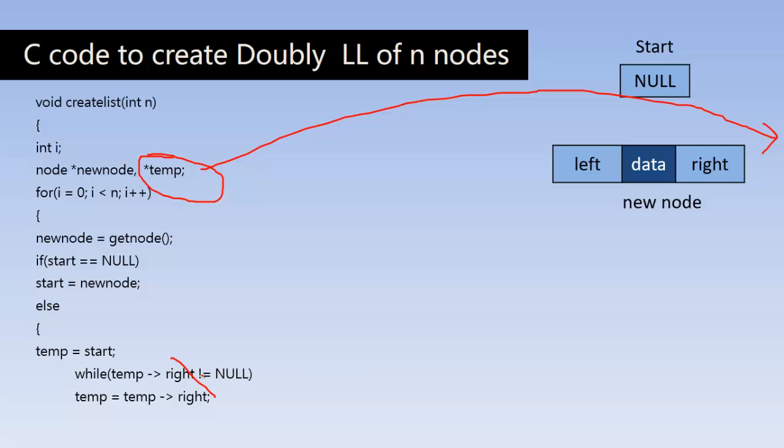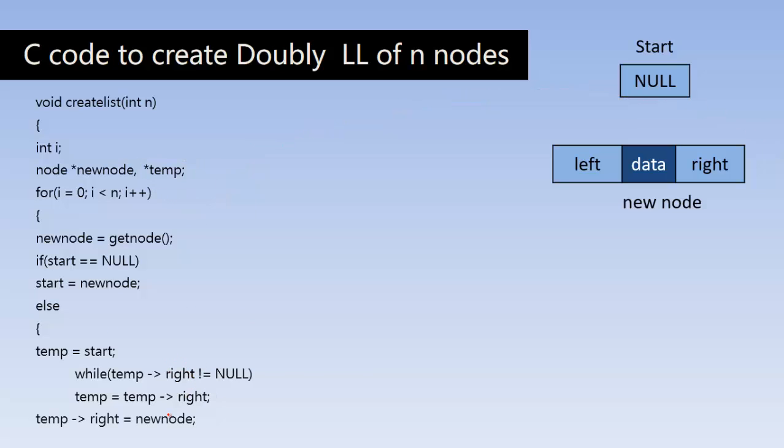At that time this will fail, and I will move to the next statement which says temp of right. Let's suppose this is the last node, which is here.